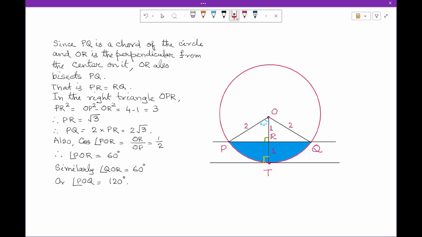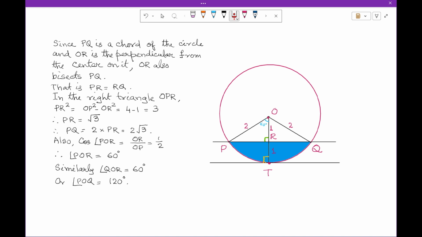Therefore PR square is equal to 4 minus 1, and that is 3. So PR is equal to square root of 3. That is, this is square root of 3. Therefore, the entire chord PQ will be twice of that, and that is equal to 2 multiplied by square root of 3.